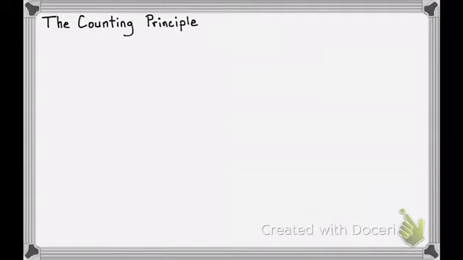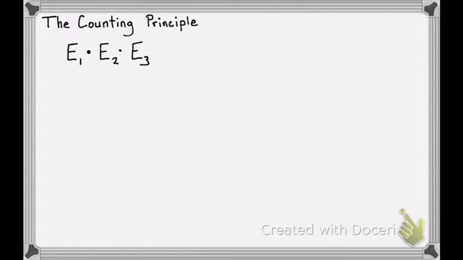With the counting principle, we look at multiple different events. And what we do is we look at how many ways a certain thing could happen, and the number of ways that could happen, we could label it E1. So if I take the number of ways that one thing can happen, and the number of ways that a second event could happen, and the number of ways that a third event could happen, if I want to know the number of ways that all three things would occur, I can simply take E1 times E2 times E3.